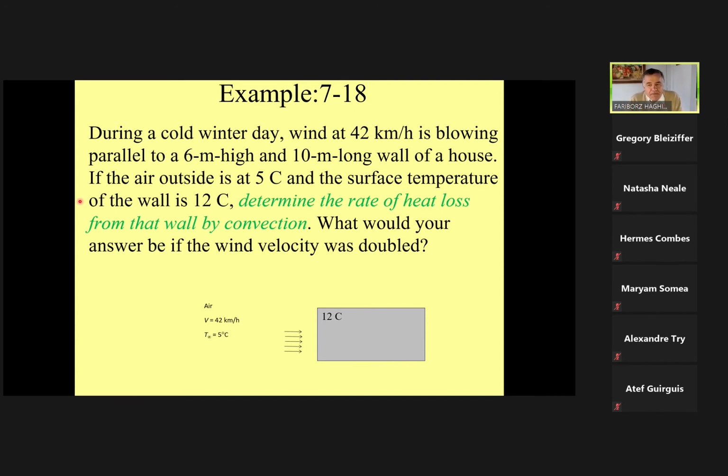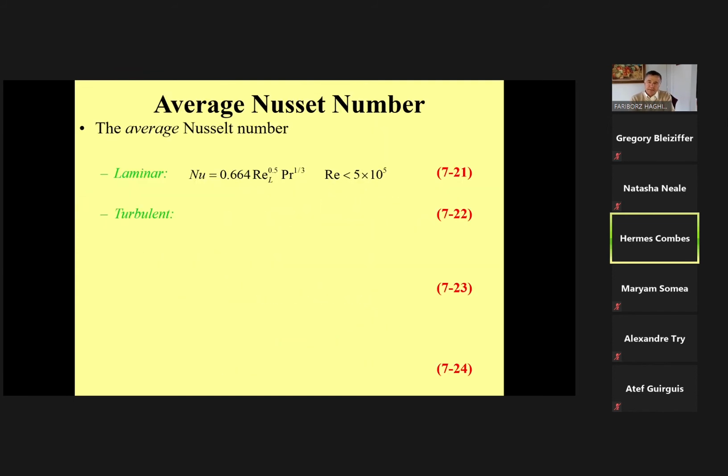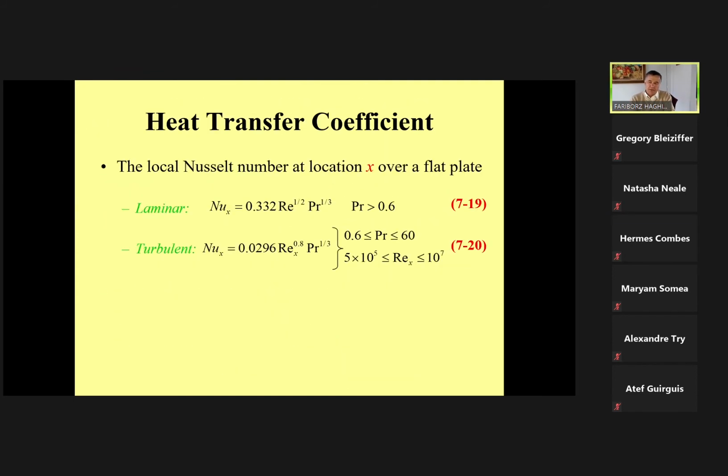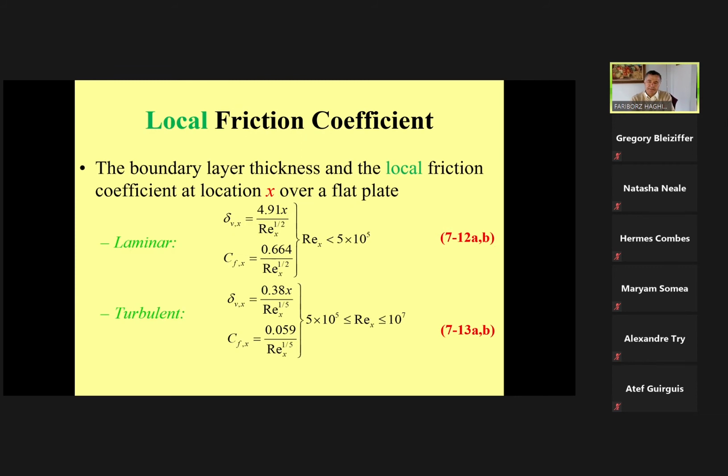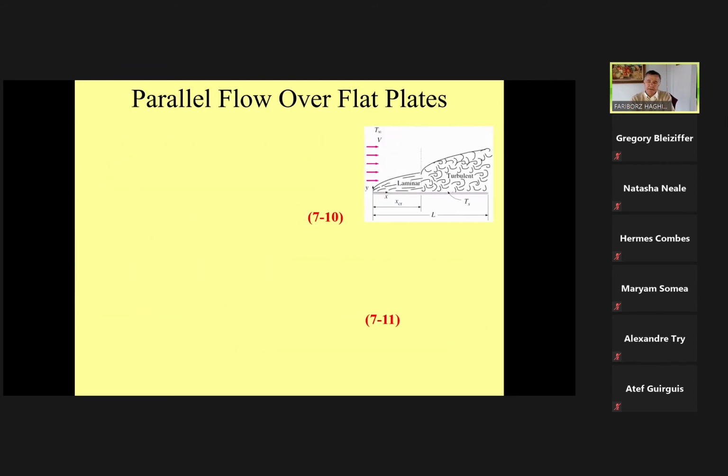But why 5 degrees? Why not 12 degrees? Because it's the characteristic of the air, whether it's laminar or turbulent. The wall is just a wall. I agree with you, but look here, my friend. This is just the velocity profile, okay?